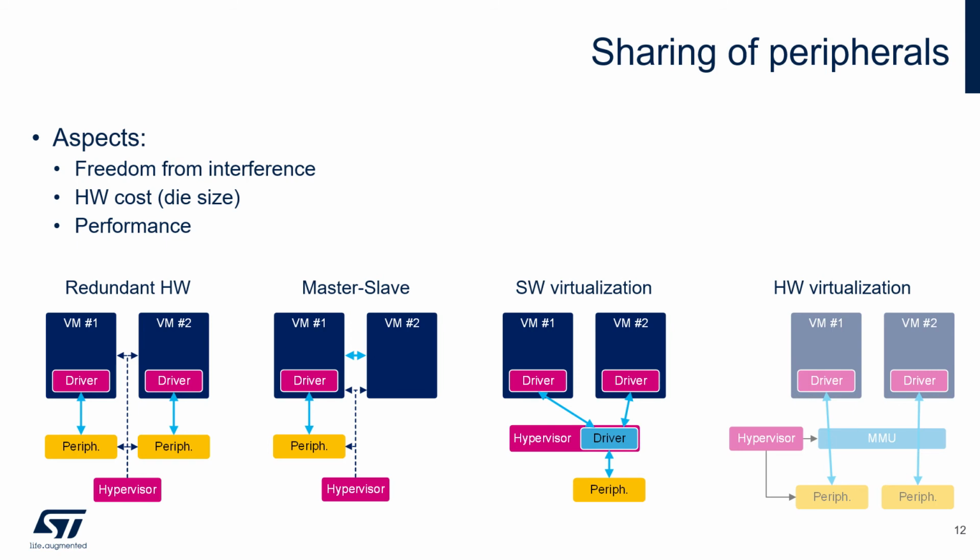The best case is on the complete left-hand side. It is when there is enough hardware, resources, peripherals, whatever you want to call them, to cover all the virtual machines. This will guarantee the maximum freedom from interference, because if two initiators access two targets via the network on chip, it will happen completely combinatorial.